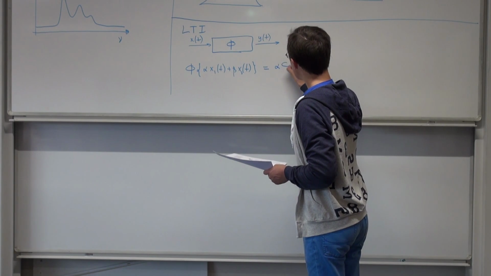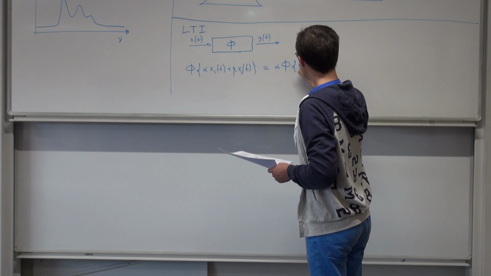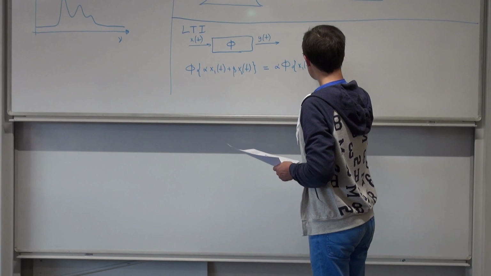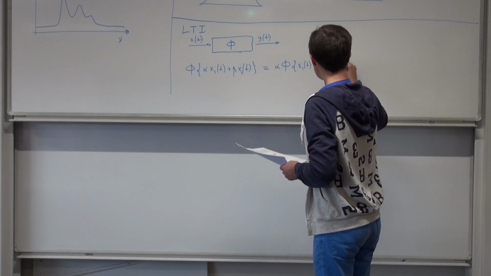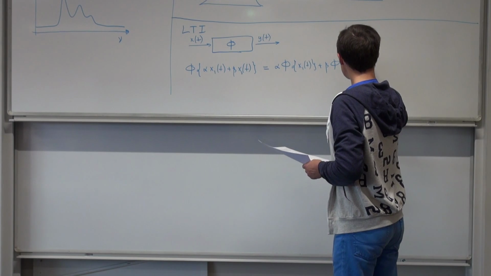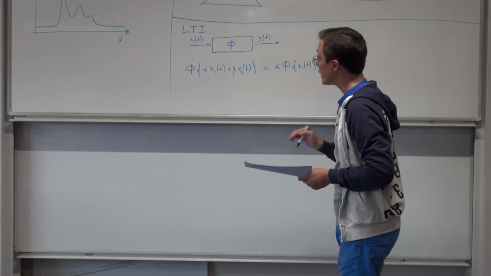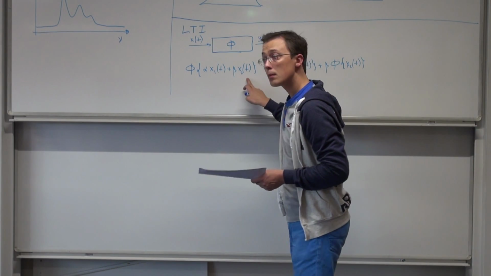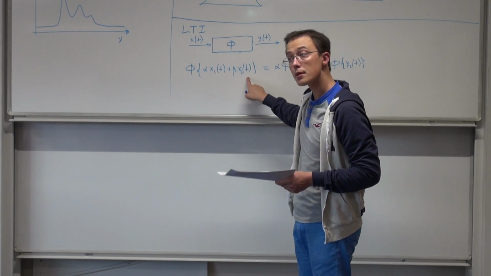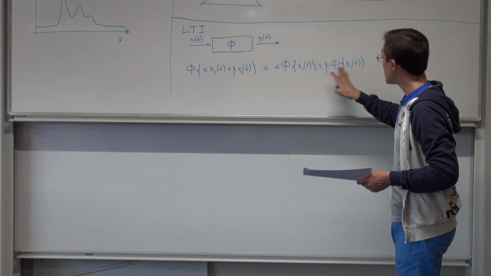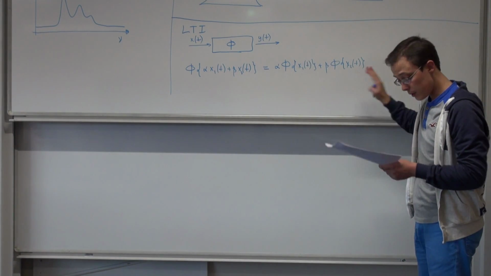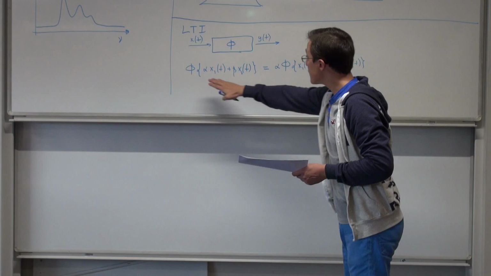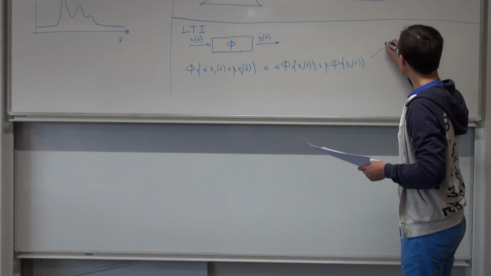It should be equal to alpha phi of x1 t plus beta phi of x2 t. So we should be able to take the constants out and any linear combination, so that the response to the sum of signals should be equal to the sum of individual responses. So this is linearity.